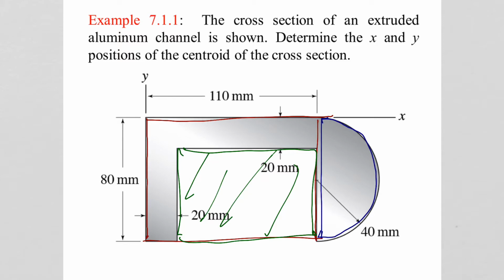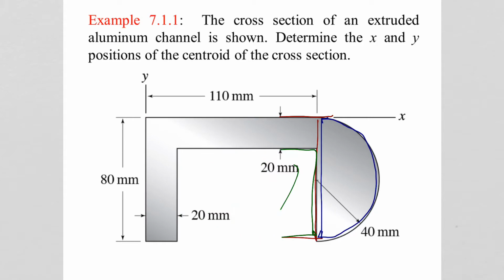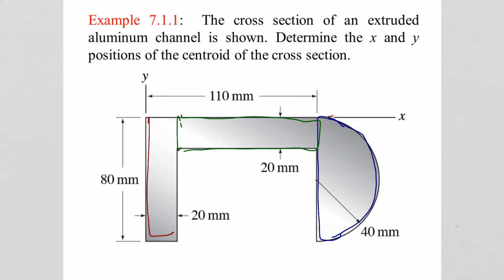That would be one example of a way of doing this. Another example would be to look at two rectangles instead. We can still use this semicircle here, and we could do a rectangle here as a shape, and then another rectangle over here, or we could change the way those are. I'm going to use the one where we cut out the middle one.